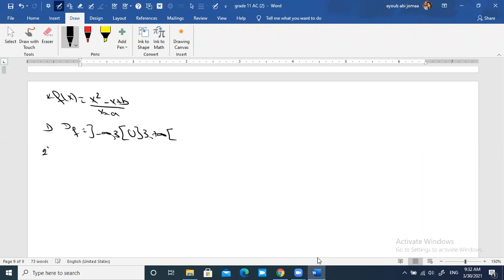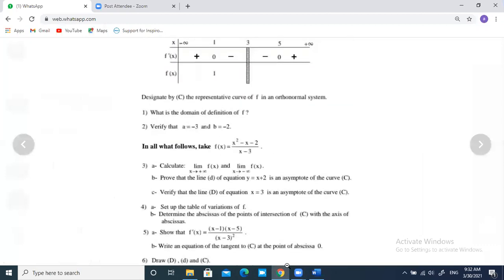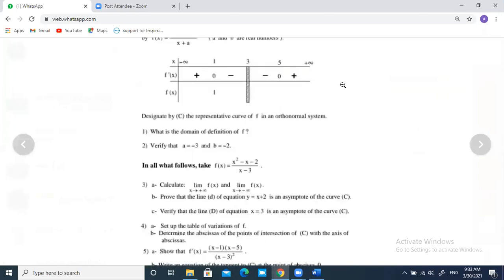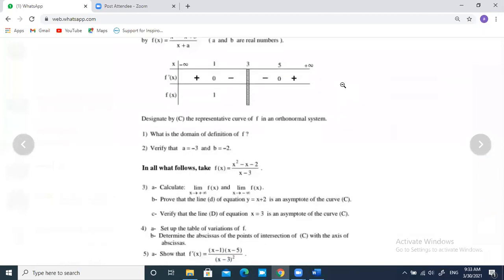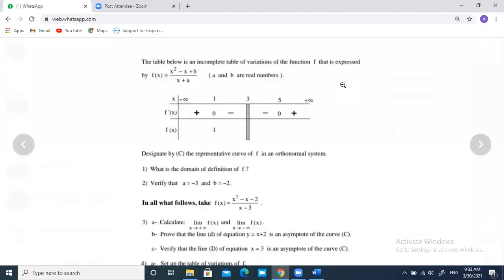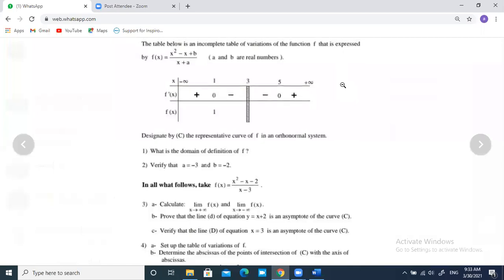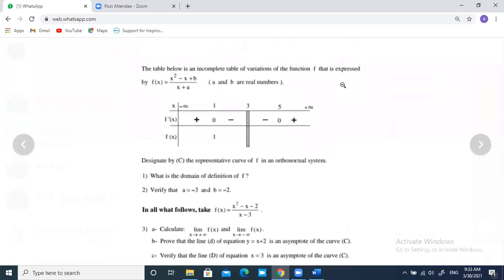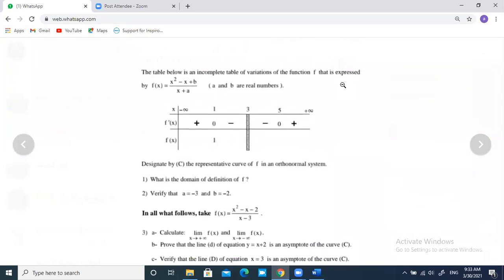Right. Part 2. Verify that a is negative 3 and b is negative 2. Again, we need two pieces of information from here, the table. Like our information here, 3 is not in the domain. As in here, x plus a should not be equal to 0 at 3, and a is not equal to negative 3.